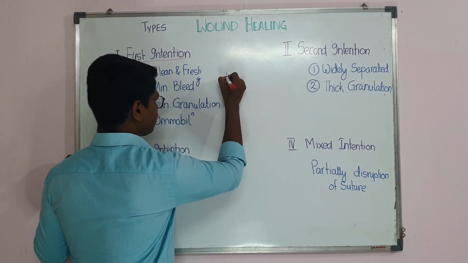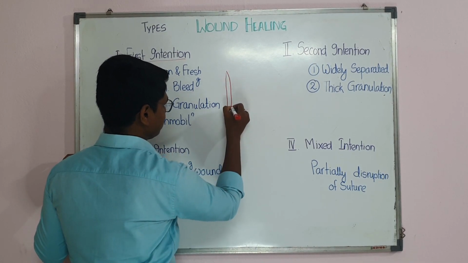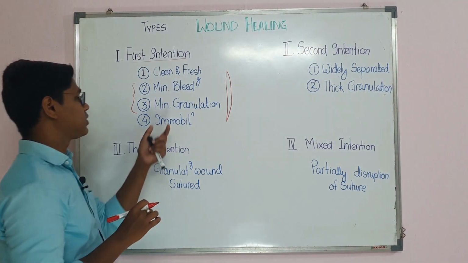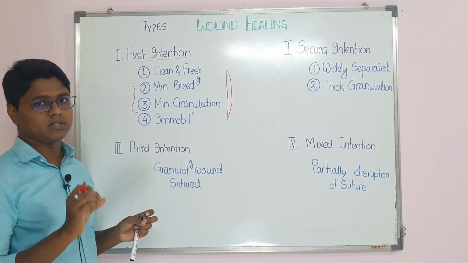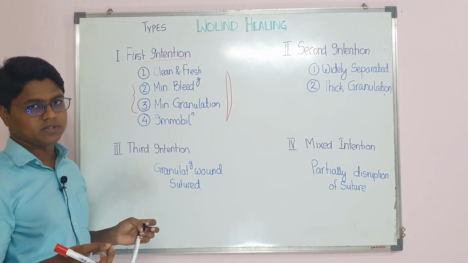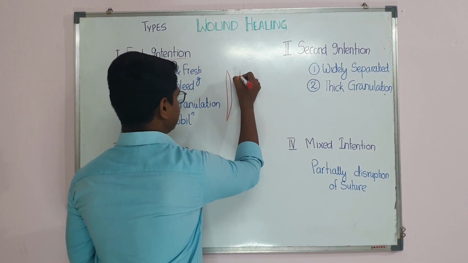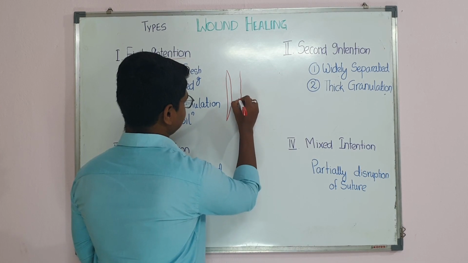Suppose there is a wound and you did suturing. Most of the time, remember, it should be a clean and fresh wound, because an ulcerating wound or one having some infection is usually not sutured. This is the wound and you did suturing.